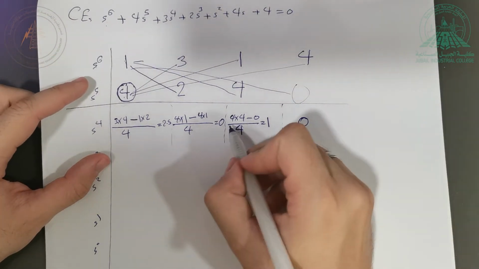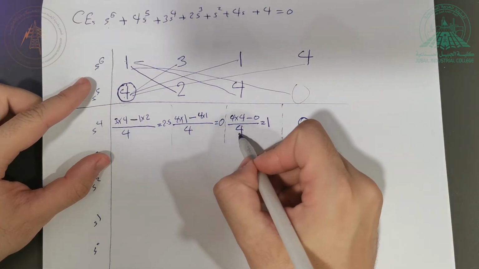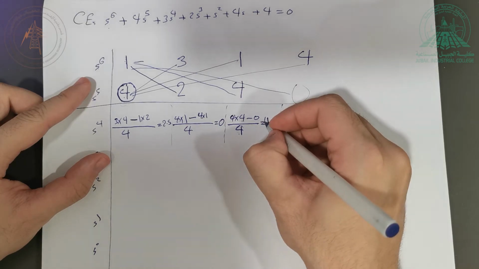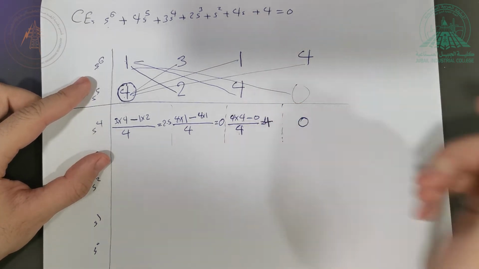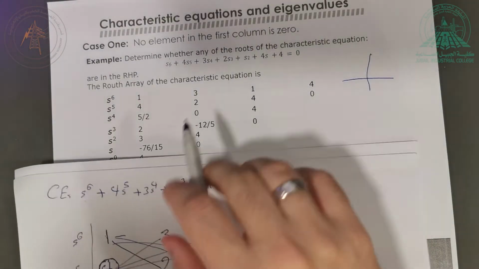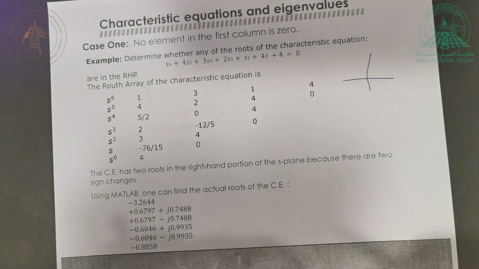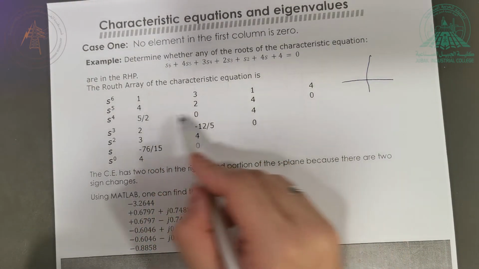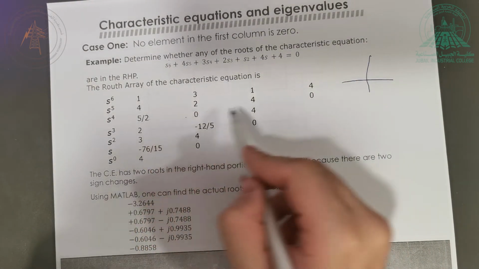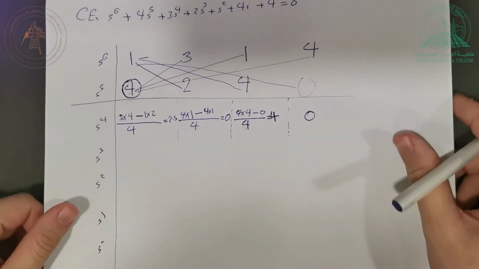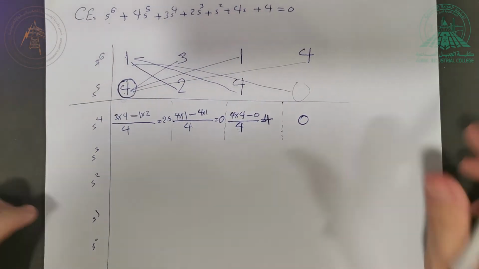Oh, sorry. 4 multiplied by 4 is 16 divided by 4. Should be 16 divided by 4, so you get 4 here. This should be 4, not 1. So these are the elements that we just obtained: 2.5, 0, and 4. So this is how we get the first row.